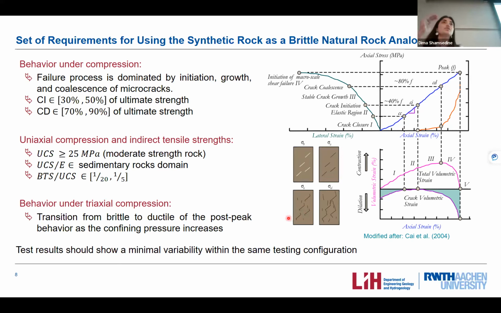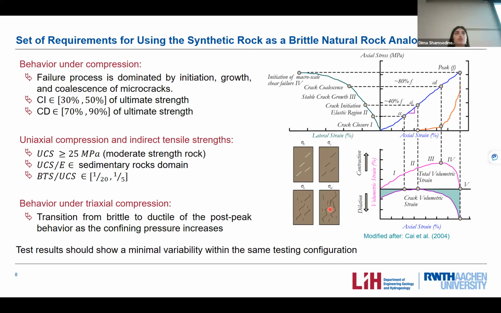As we further increase the axial load on the sample, or increase the compression, we will have the stable crack growth. These microcracks will grow in a stable manner until reaching the crack damage threshold.